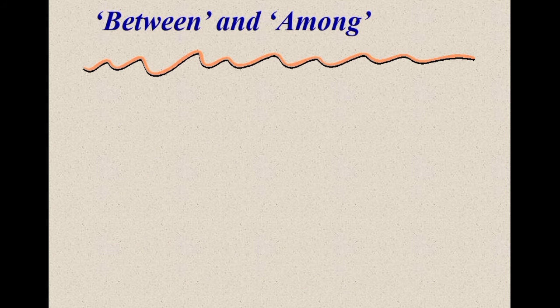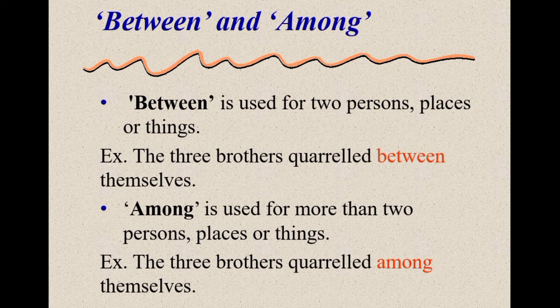Next, now between and among. So between is used for two persons, places or things. Means if there are two persons, things, places or objects, then we will use between.